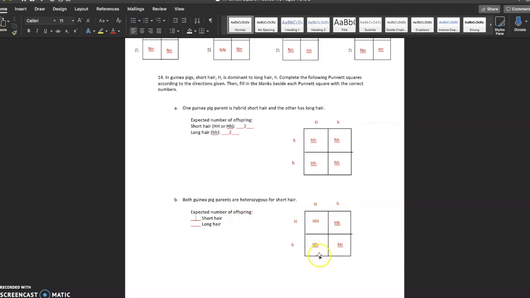So if we're looking at our Punnett square, we have 1, 2, 3 offspring that have at least one copy of the dominant allele. So 3 of the 4 would have had short hair. Looking for long hair, again, long hair being recessive, both of the alleles had to show recessive in order for that guinea pig to have long hair. So only one of them would have had long hair in this scenario.